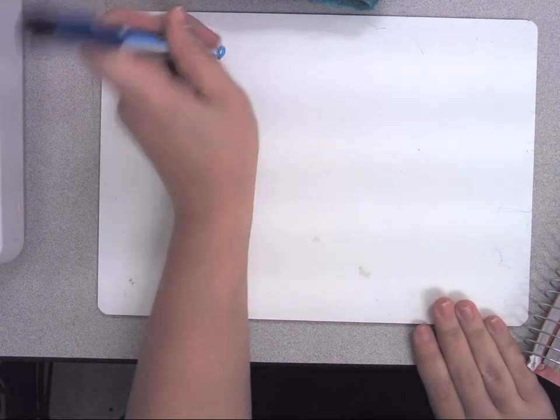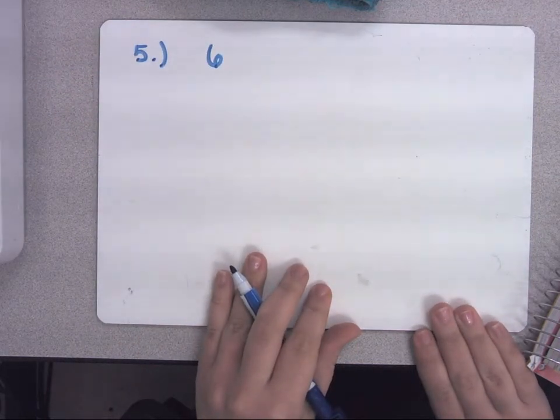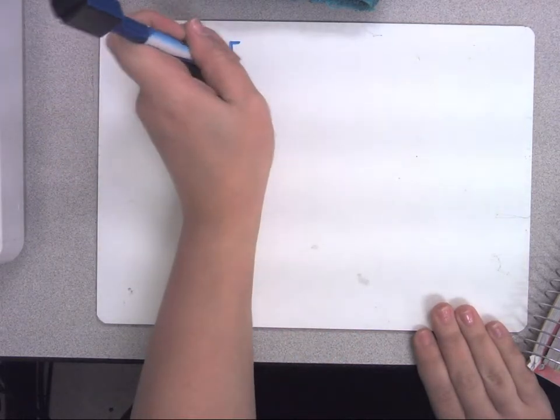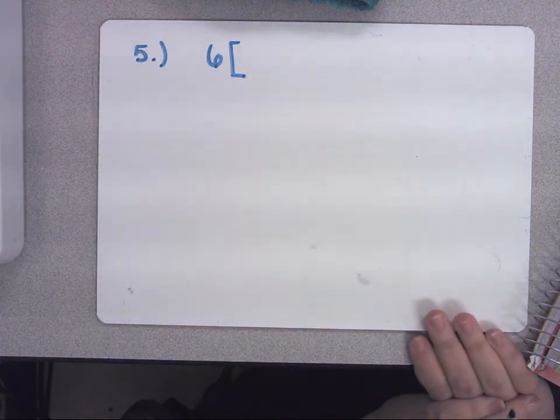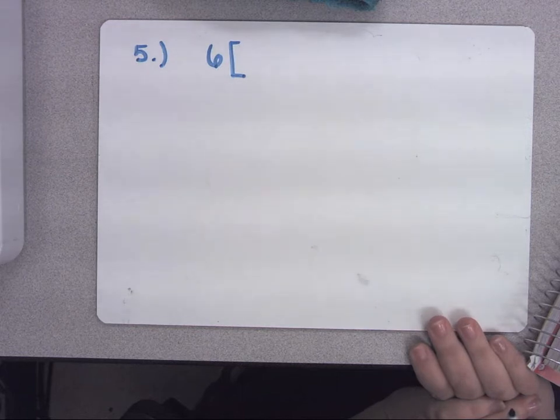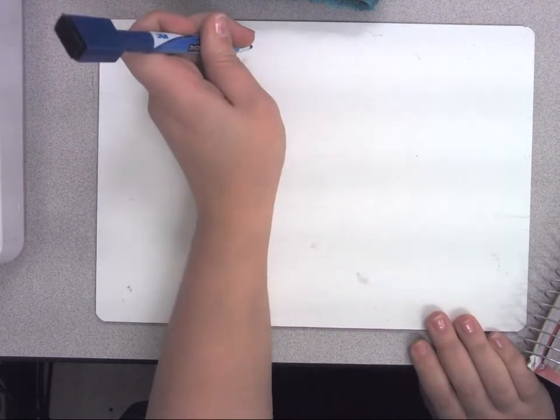Okay, 6. You ready? Put a bracket. It's another form of parentheses. 32.